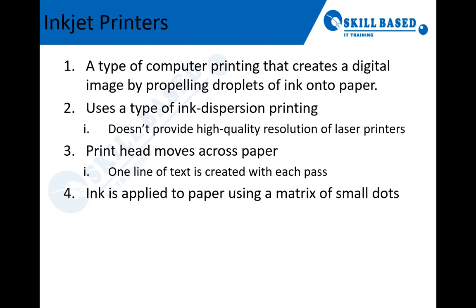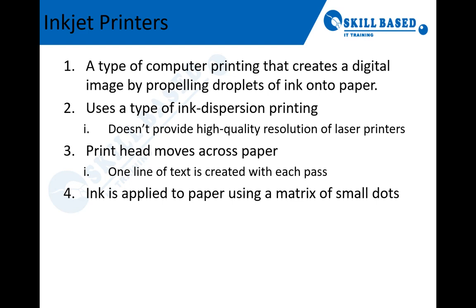For inkjet printers, the print head is like in automatic printers. The print head will go left or right. It's just that it does not strike pins. Instead, it spreads the ink, proper droplets, onto the papers to form images. One line of text or one line of images is created with each pass.